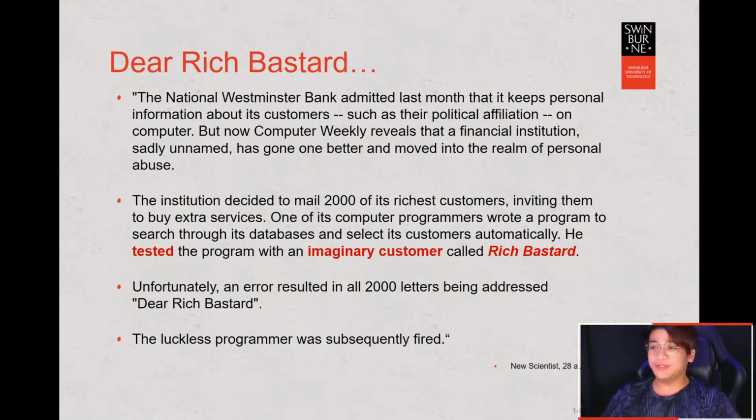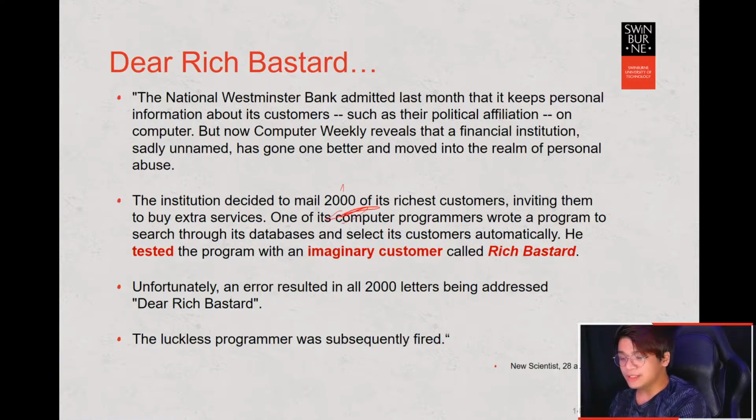Dear rich bastard. The National Westminster Bank admitted last month that it keeps personal information about its customers, such as their political affiliation, on computers, but now Computer Weekly reveals that a financial institution, sadly unnamed, has gone one better and moved into the realm of personal abuse. The institution decided to mail 2,000 of its richest customers, inviting them to buy extra services.